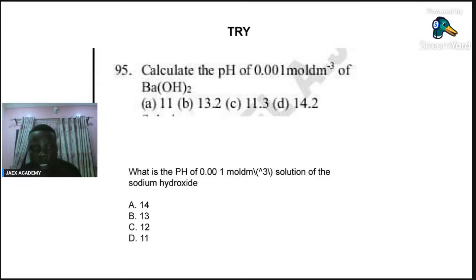Okay, Joyce said 95 is A. Please confirm. Joyce says 95 is A. Okay. Faith says 95 is 11. That means A is correct. So please, before you solve number 2, allow other people to still solve.